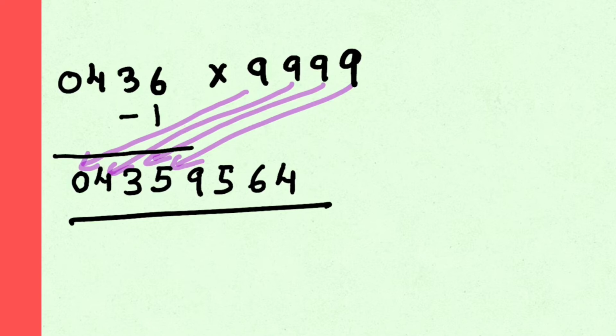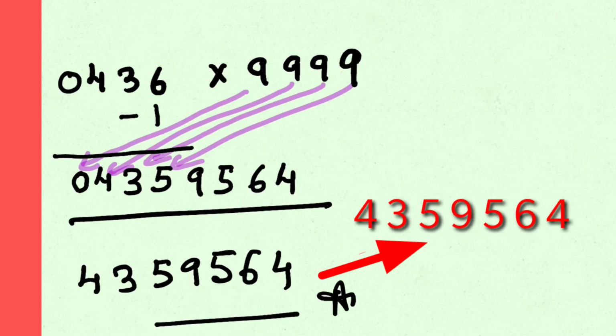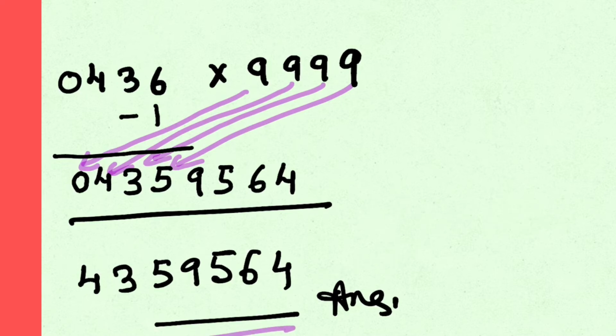And this is our final answer: 4, 3, 5, 9, 5, 6, 4. How quickly we can do, accurately and very fast, faster than the calculator.